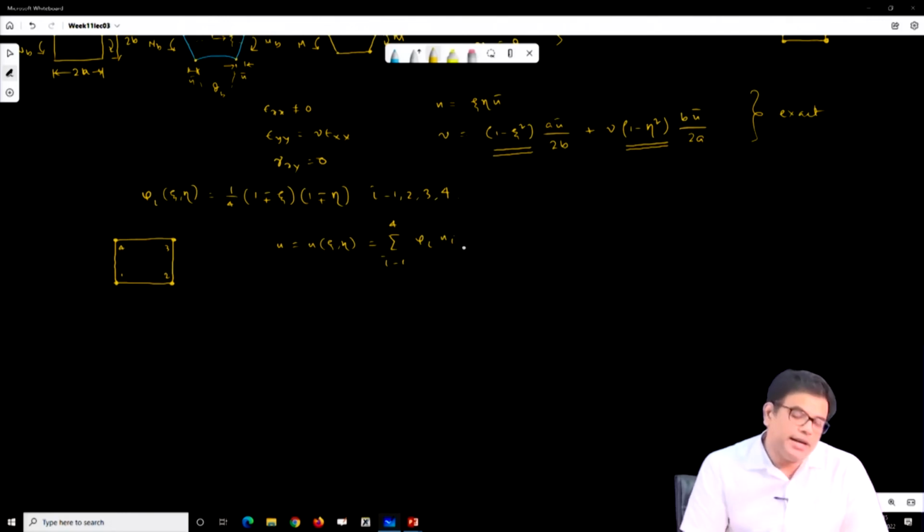Now with this standard approximation, if I add these additional functions to the approximation, what will happen?